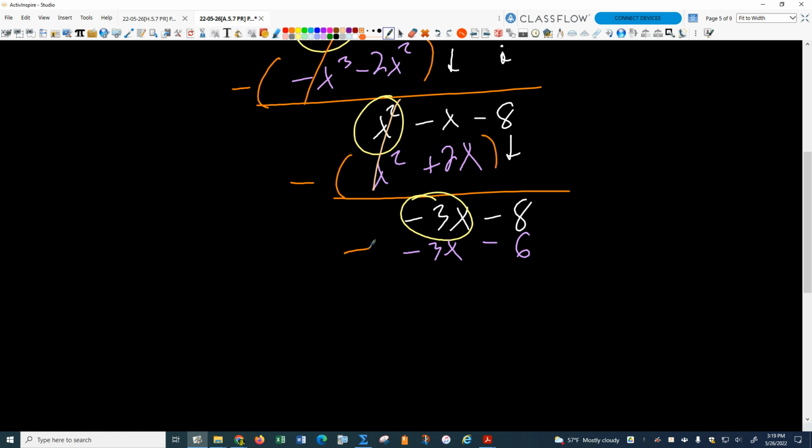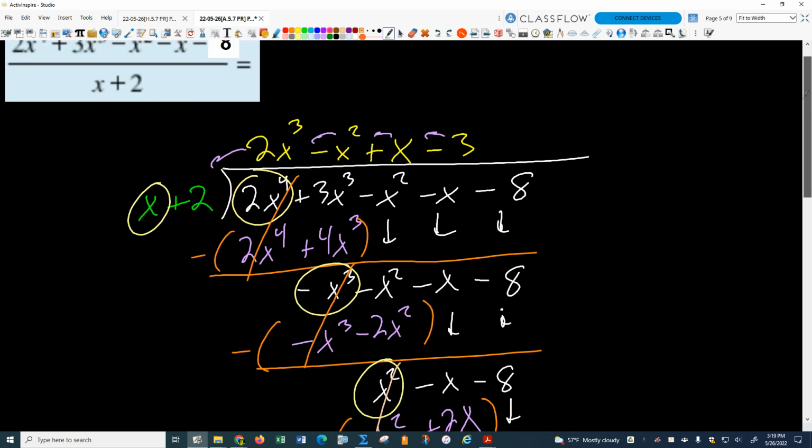If I subtract the whole thing, look what happens. Those terms cancel. Negative 8 minus negative 6 is negative 2, right? Because I'm adding 6. Negative 8 plus 6 gives me negative 2 for my remainder.